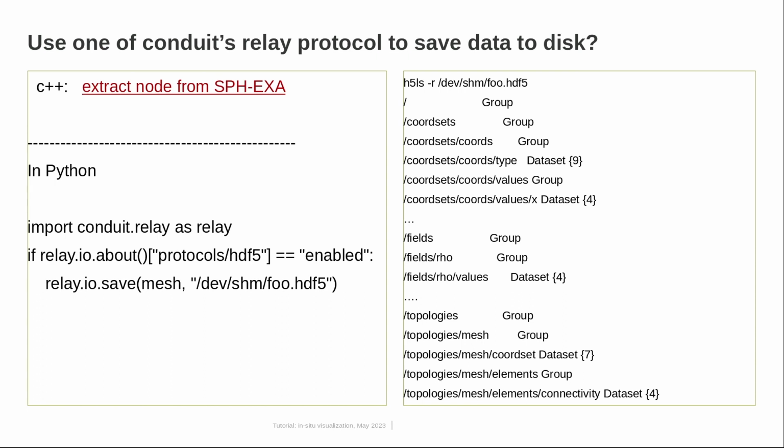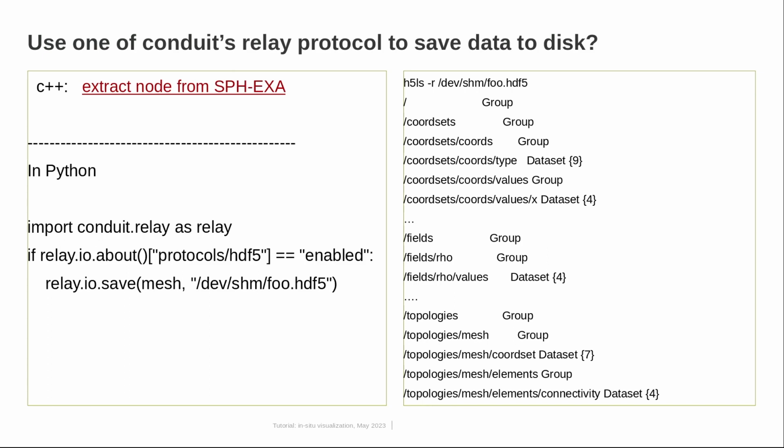I said free I/O HDF5. This is what you would do with 3 lines of code. Import the relay class from the Conduit library. Here's the about class, which comes from the info on the Ascent node.